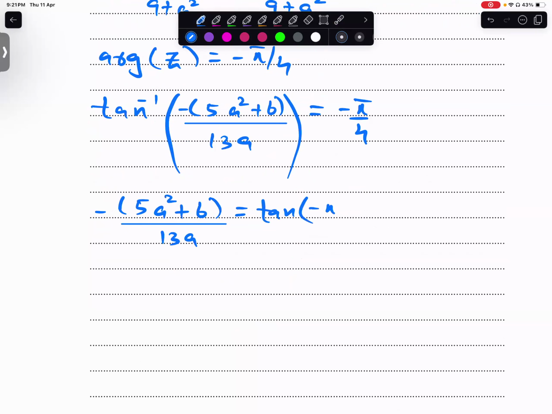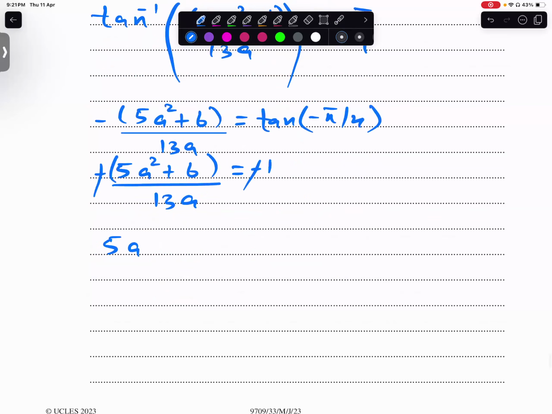Tangent of minus pi by 4: as you know, minus will come outside the tan, or you can take tan of minus pi by 4 using calculator. This will give you minus 1. So minus will be cancelled out.